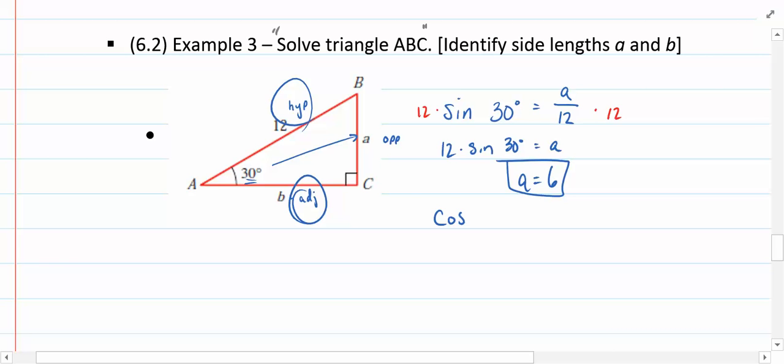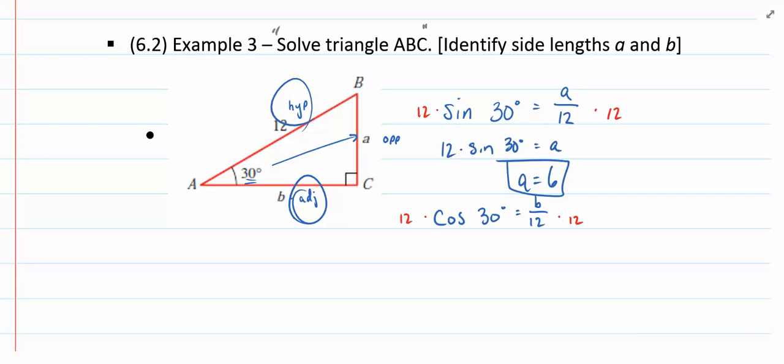Now, I'm more familiar with the cosine function, as you might be, so I know that the cosine of 30, cosine of our angle measure, must be equal to the adjacent side divided by the hypotenuse. And in much the same fashion, if I multiply both sides by 12, that will isolate the value for B, and we see that the side length B is equal to 12 times cosine of 30 degrees.